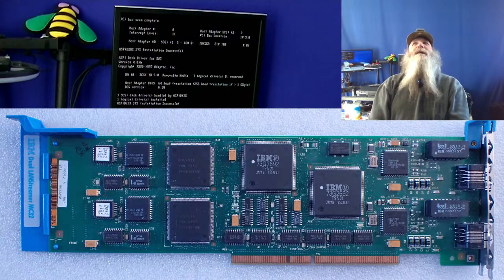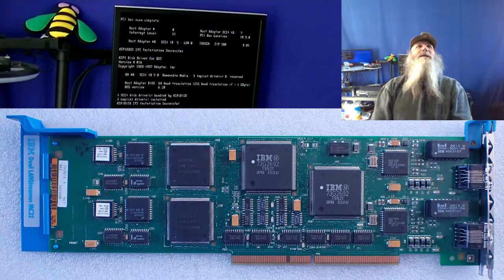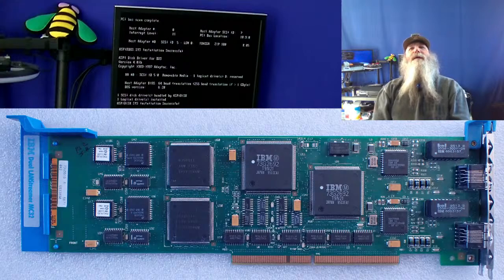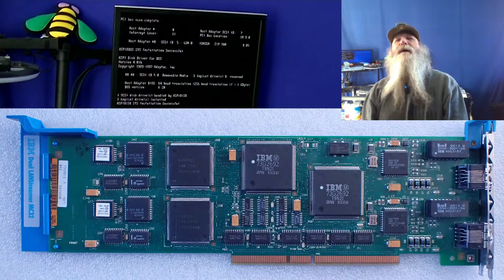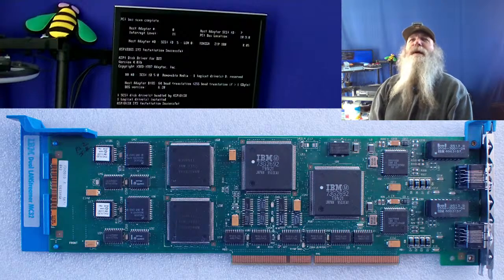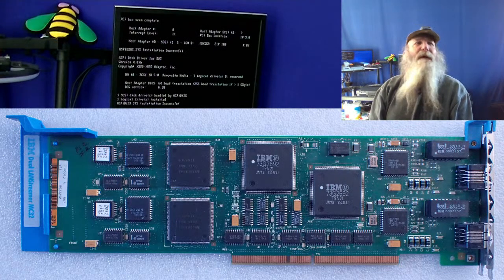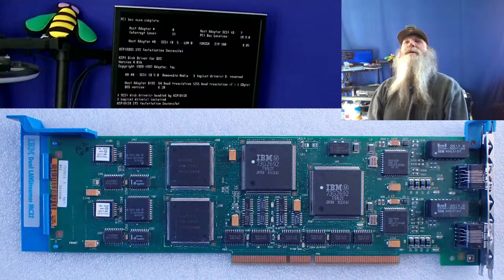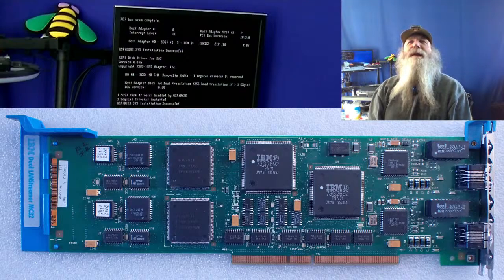So look at something like this one. This is a dual LAN Streamer, and it's a 32-bit board, and by what it shows there, it doesn't have the 16-bit keyway on it.